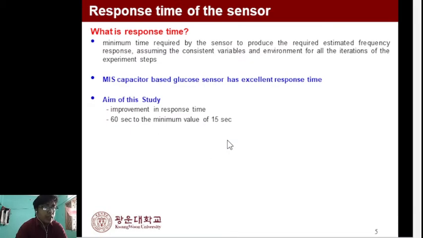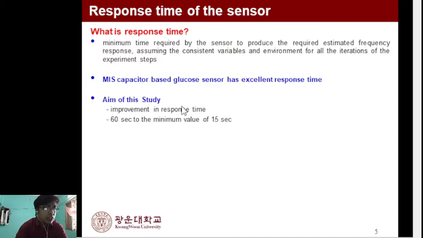Response time is the time used by the sensor to produce the required estimated frequency response. It is the minimum time taken by a sensor to respond to the output by sensing its inputs and samplings. We also see that the MIS capacitor is one of the glucose sensors that shows excellent response time.